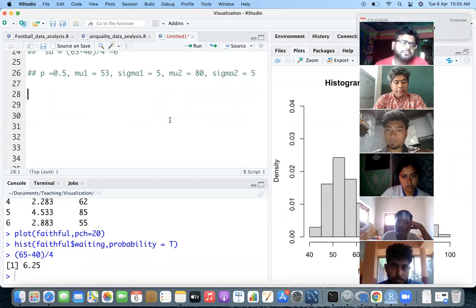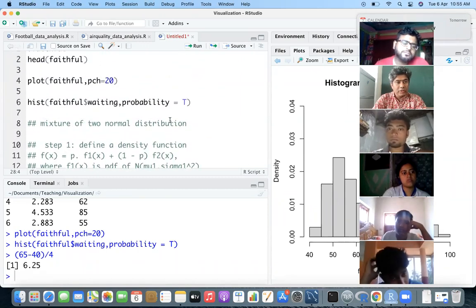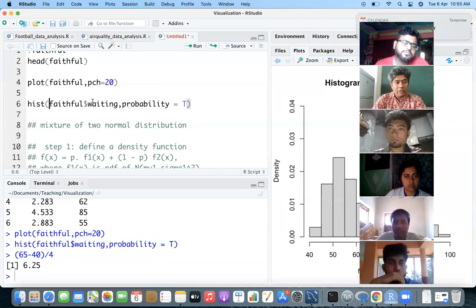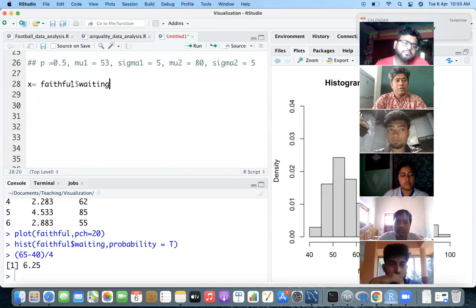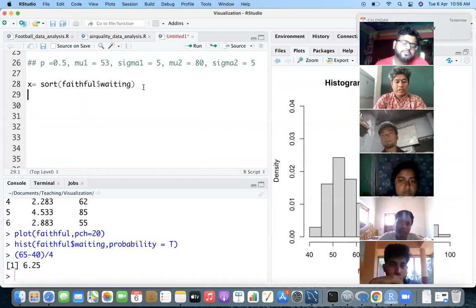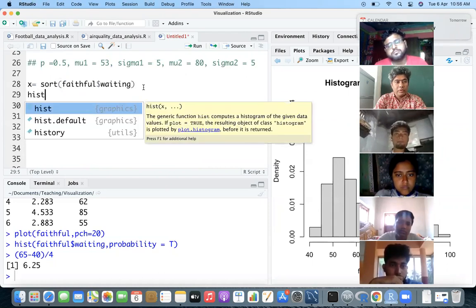So what I will do first is a sort, then make a histogram.